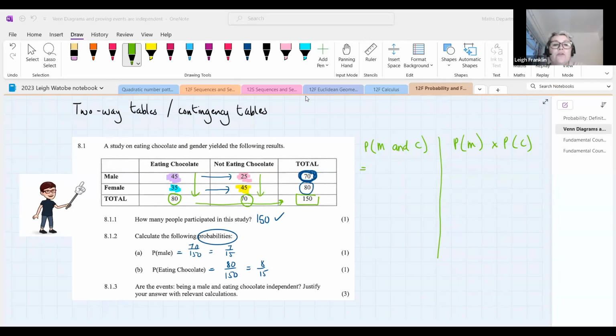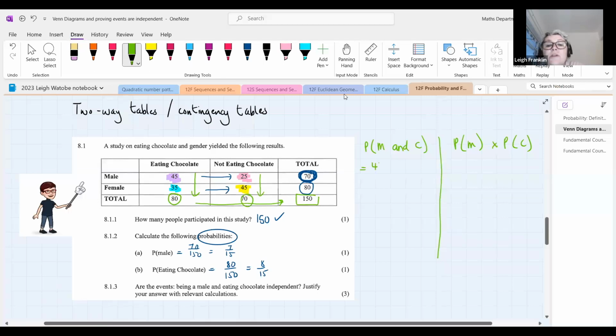That's it. Well done, Gugu, Amahle, Lesejo, Cheslin, Luzu, Lebogang. It is 45 out of 150.